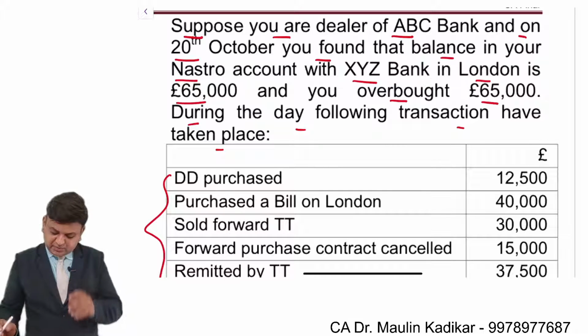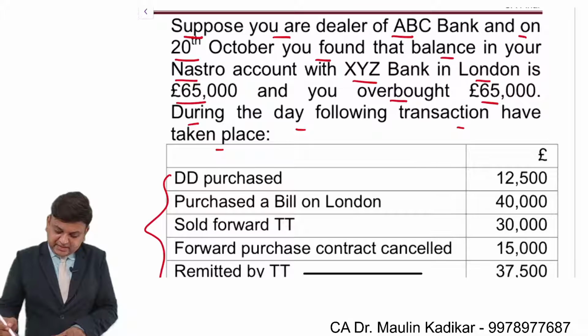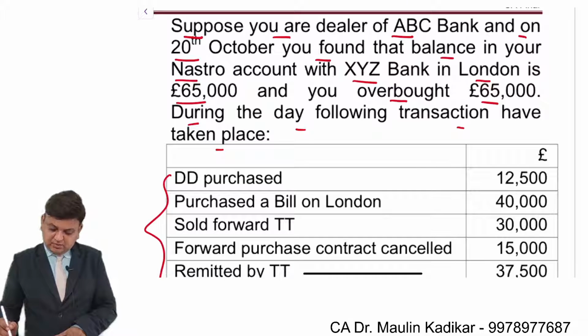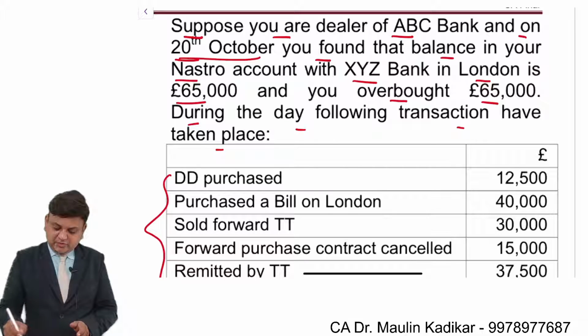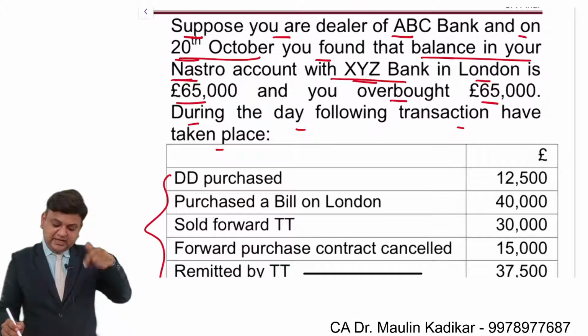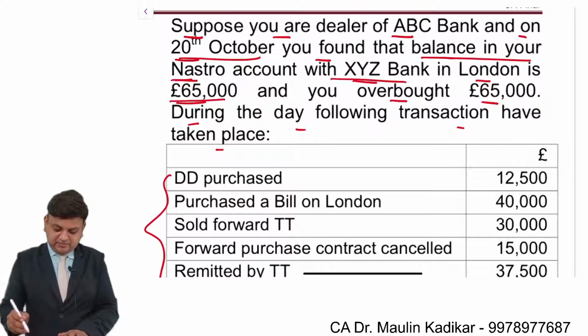So here the question is providing the information that your Nostro account is, suppose you are dealer of ABC Bank and on 20th of October you found the balance in your Nostro account with XYZ Bank in London is 65,000 pound.